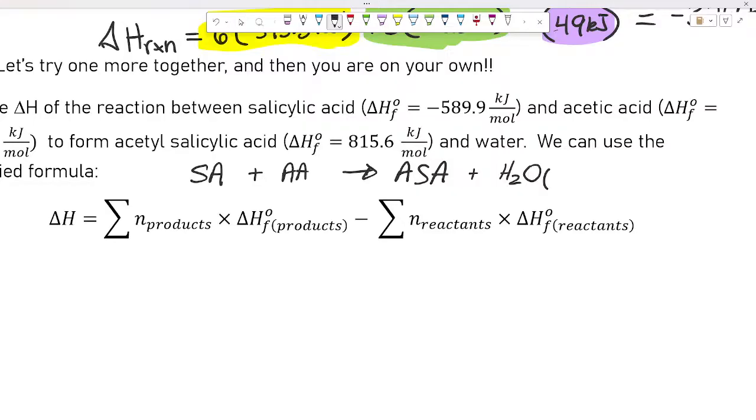Did it produce steam when we made esters? Any steam? Not really. I mean, maybe a little bit because we did it at heat. But mostly the water that's getting produced is liquid water. Good. And these would all be aqueous. Not that it matters. All right, get on it.